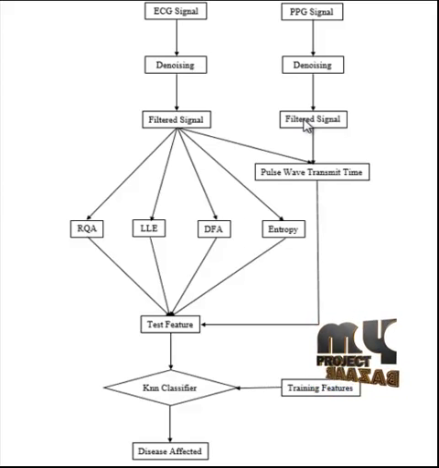After calculation of the PWTT, these features were combined with the test features, resulting in particular values. These features were then classified using a KNN classifier as disease affected or normal. These signals were identified based on the labels provided by us for the classification methodologies.